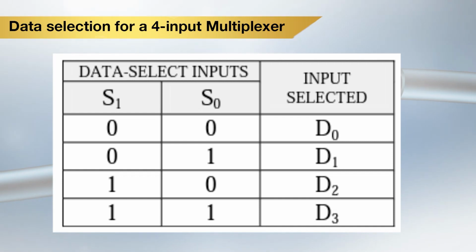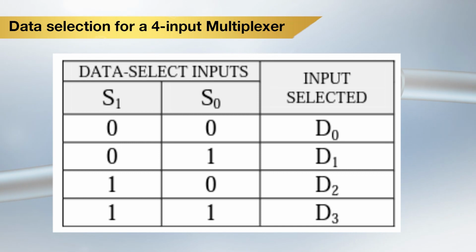So, a summary of this operation is given in this table. It gives the data selection for a 4 input multiplexer. Here we have 2 selection lines S1 and S0.